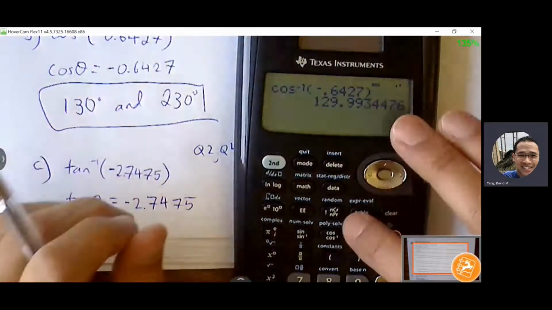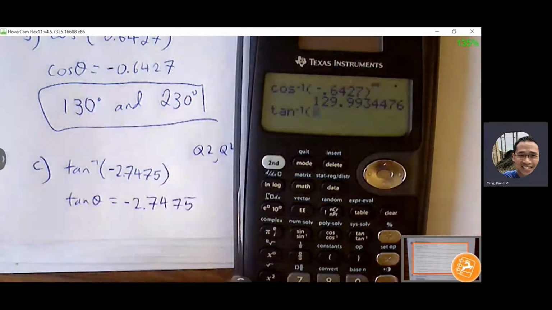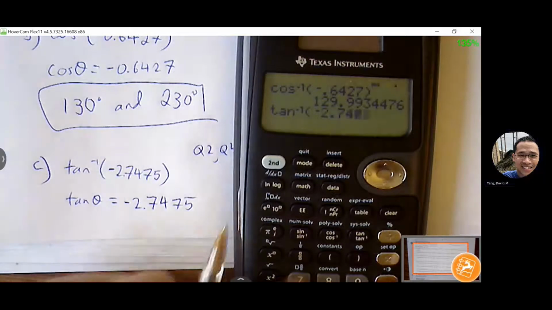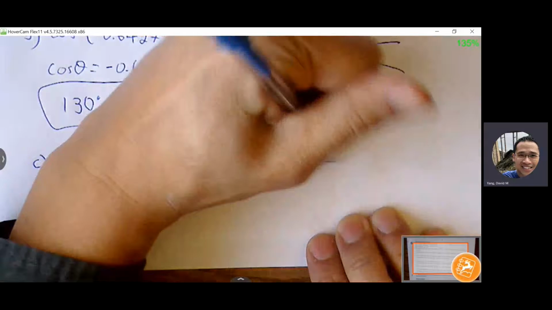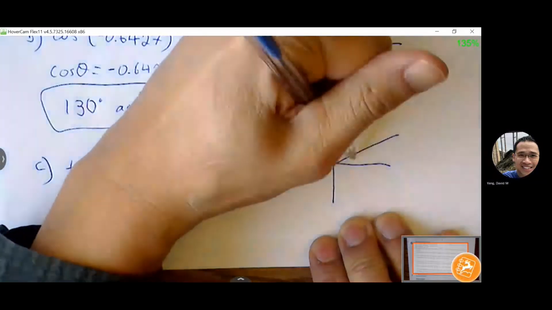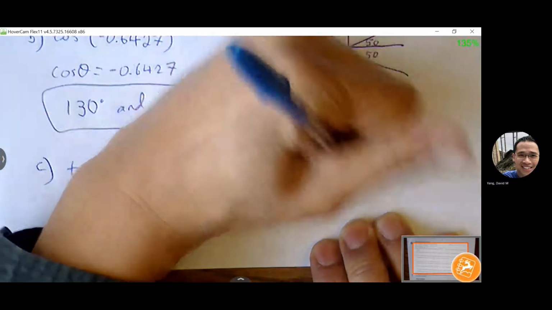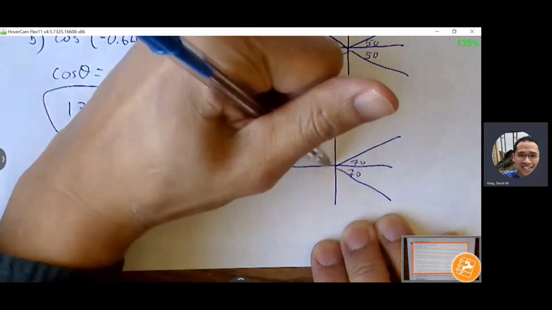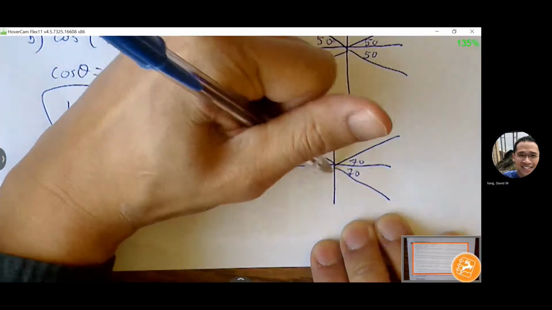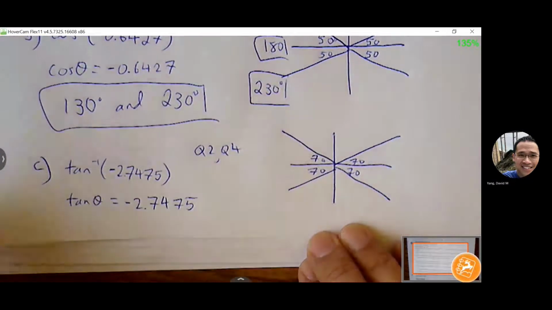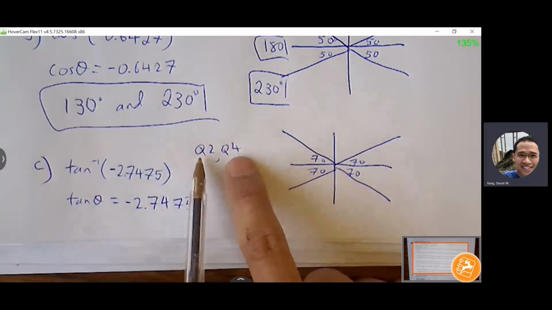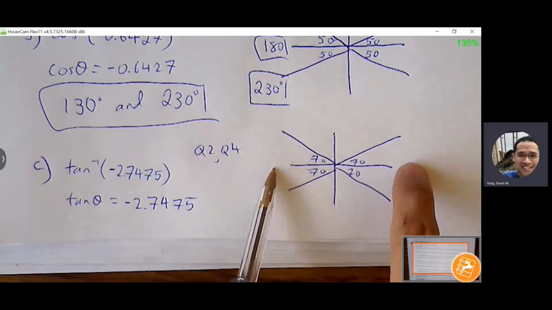Okay. Inverse tangent. Negative 70 degrees. Okay, so we know that is the principal value. Oh, sorry, we know that's the reference angle, right? And then from there, we're going to create an angle measure that's between 0 and 360.